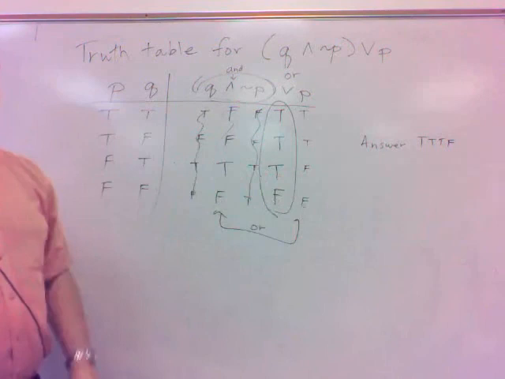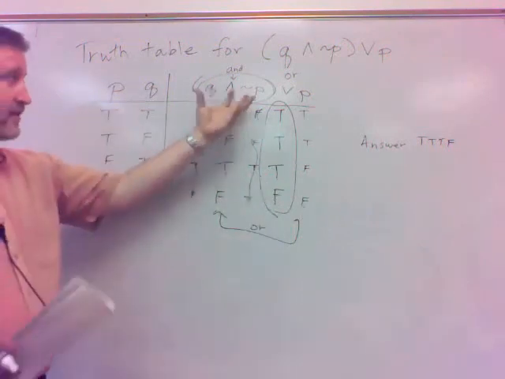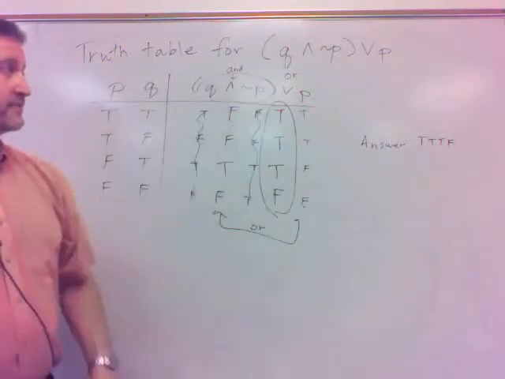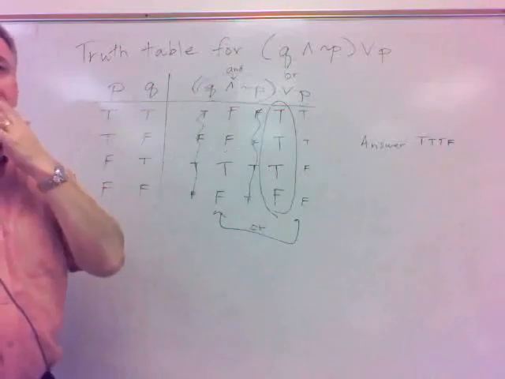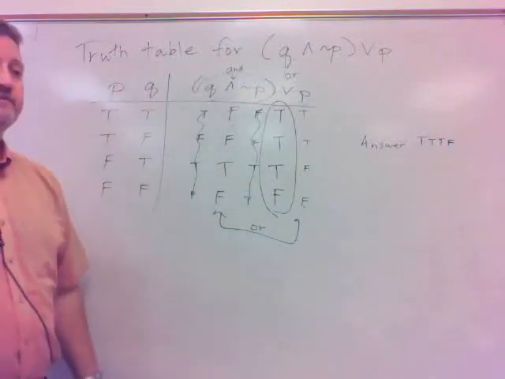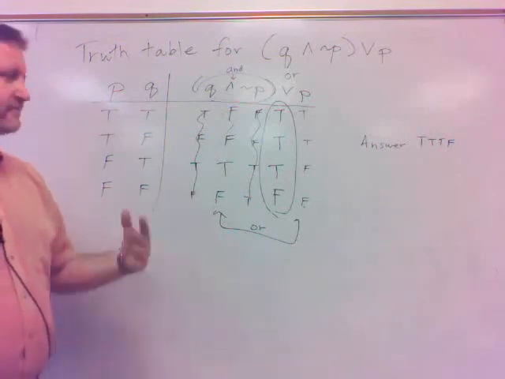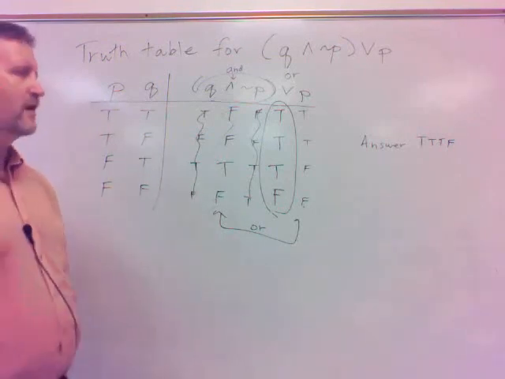So it probably depends on how complicated these others are. You know, if you got two ORs or two ANDs. I mean, if you get two ORs, you're going to have a lot of trues in there. So, rule of thumb, yeah, probably, but not always.